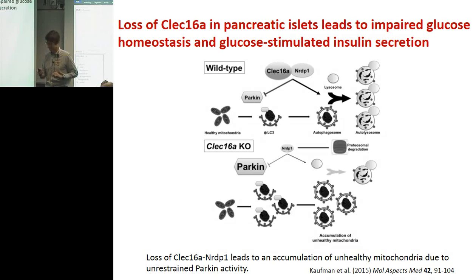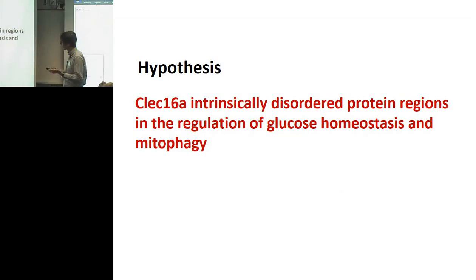And the way that we did it is that he had this hypothesis that in CLEC16, the intrinsically disordered region is important for the regulation in glucose homeostasis and mitophagy. And we have a couple of guys who were studying this. In our case, it's not because the intrinsically disordered region in the protein is fundamental for the binding.